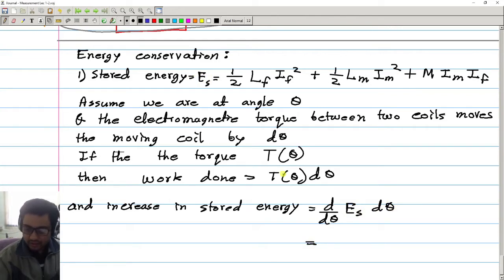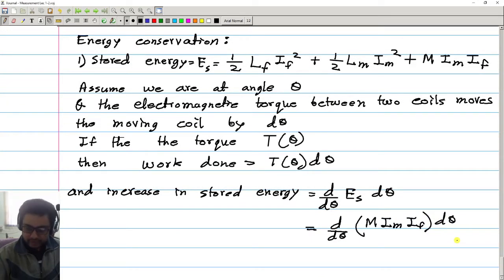And now you take the derivative of this quantity. Here L_F, L_M are constant. Only M is a function of angle. So we will have only this last term, d theta of M I_M I_F. Again, for this analysis, this is a thought experiment we are doing, so we will assume whatever is convenient for us.